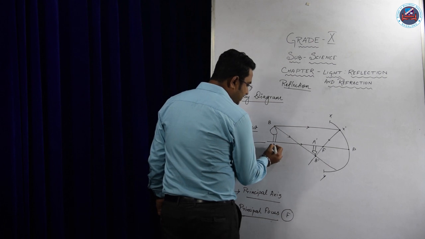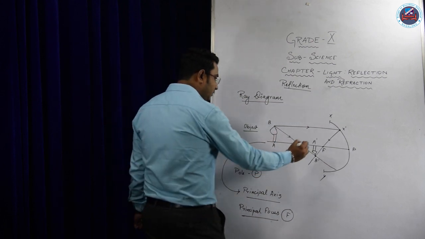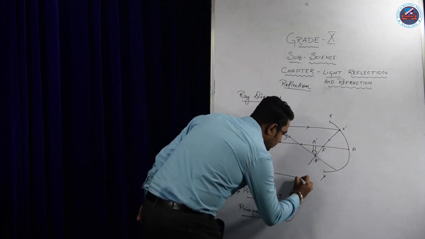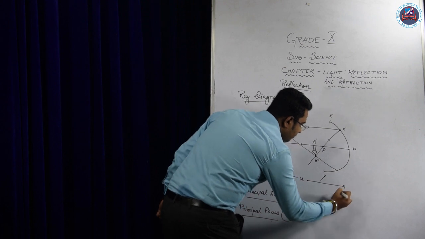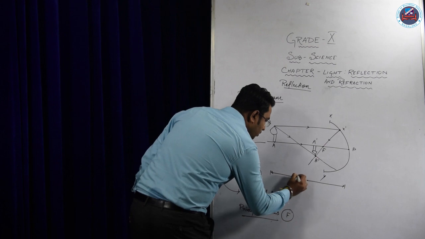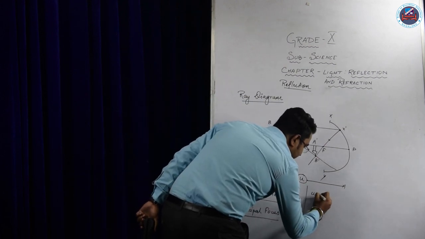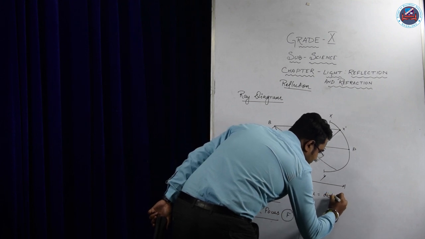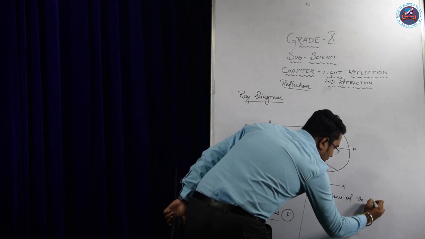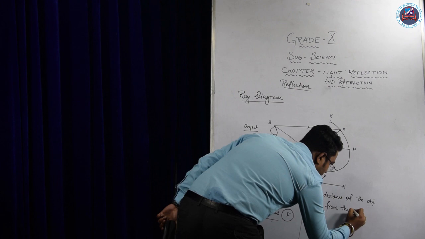The distance from where the object has been placed, that is A, to the pole will be marked by small letter u. So what is u? u is the distance of the object from the pole.